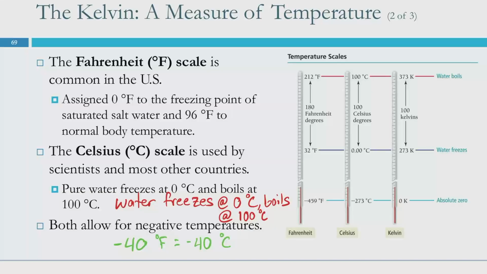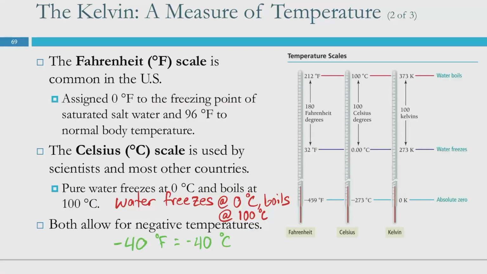Some other things that I'd like to point out about temperature, because I think they're interesting. Notice that from our freezing temperature for water to our boiling point for water is 100 degrees Celsius. It's also 100 kelvins. So that means kelvins are the same size as degrees Celsius.